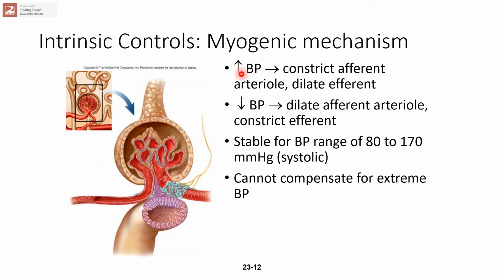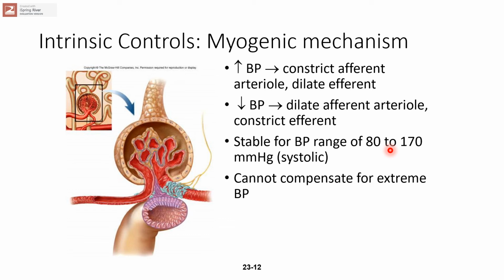Okay, so when the blood flow increases, the smooth muscles contract in the afferent arteriole and dilate in the efferent arteriole. Now when the blood flow decreases, the afferent arterioles dilate to maintain normal homeostasis despite fluctuation.